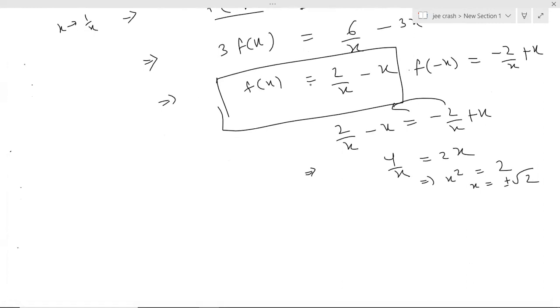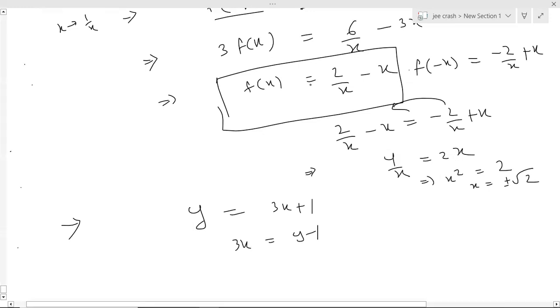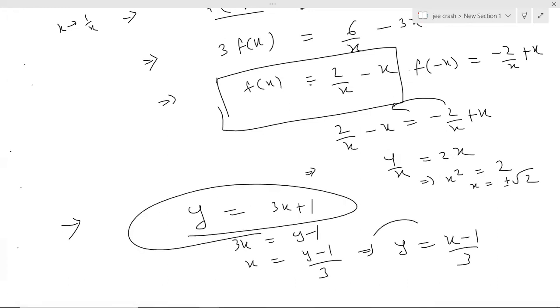This is an inverse question. So how to find the inverse of a function? Suppose you have y equals 3x plus 1. All right. And finding the inverse, 3x equals y minus 1, x equals y minus 1 upon 3. Replace x with y, it becomes x minus 1 upon 3. So the inverse of this function is this function.